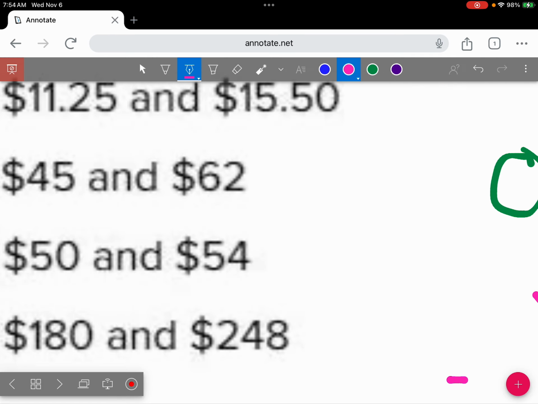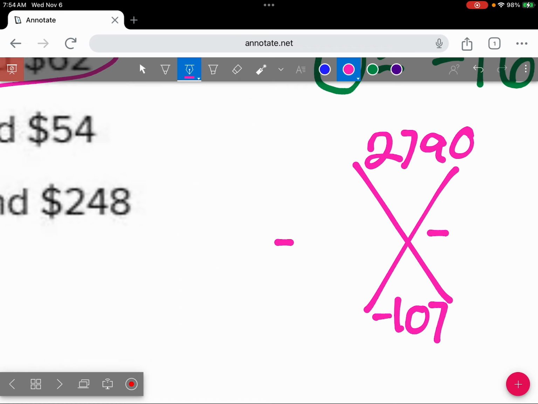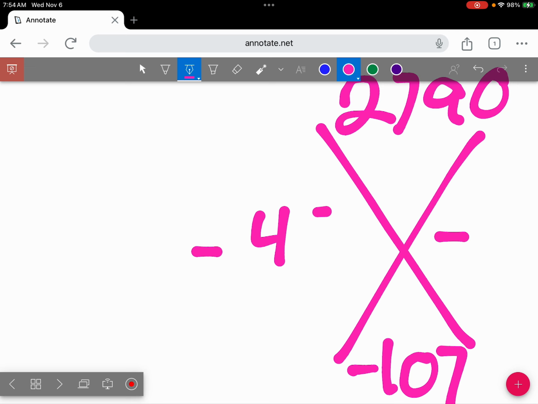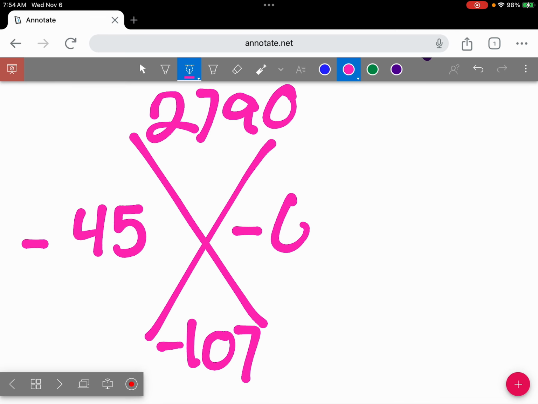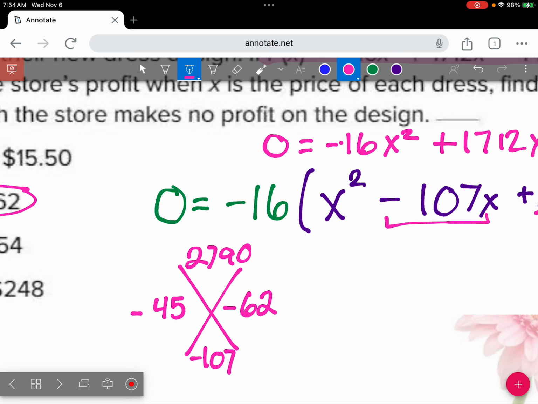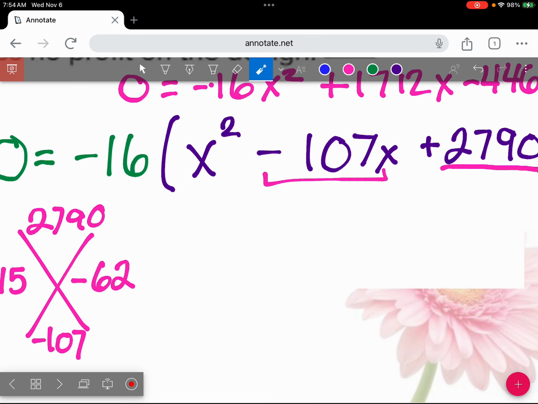And it's actually going to be these right here: minus 45 and minus 62. We can use that set of options since we have a 1x squared.